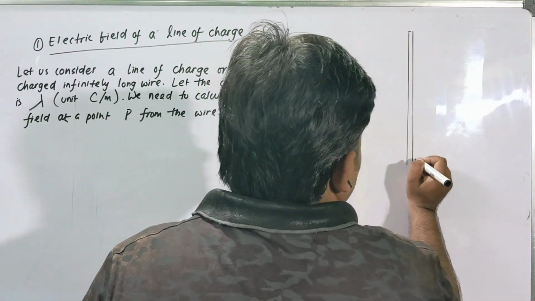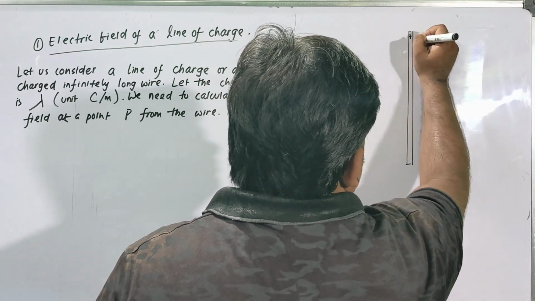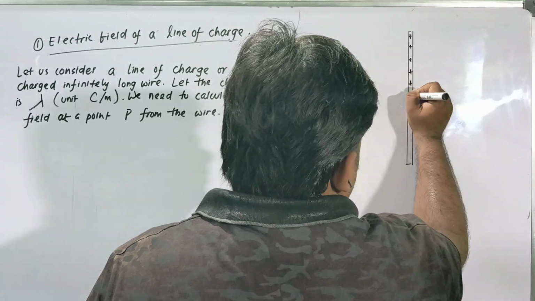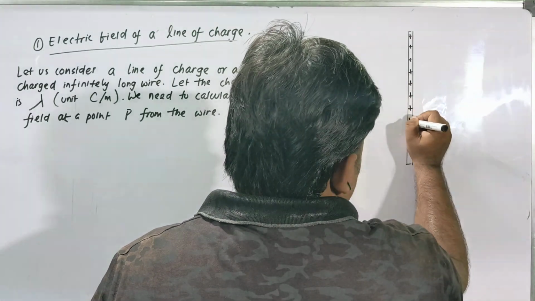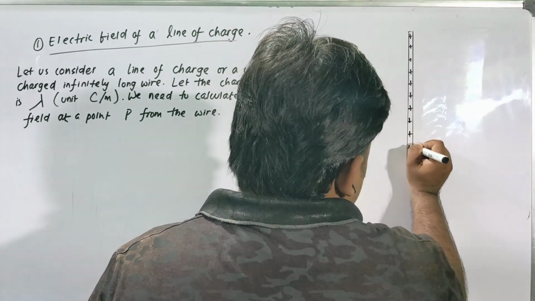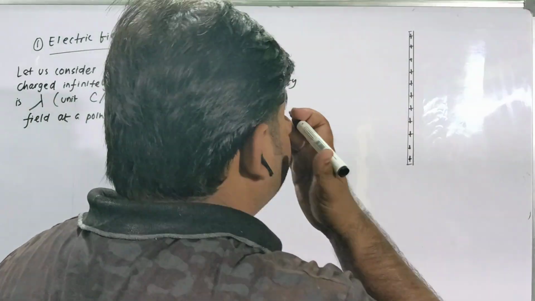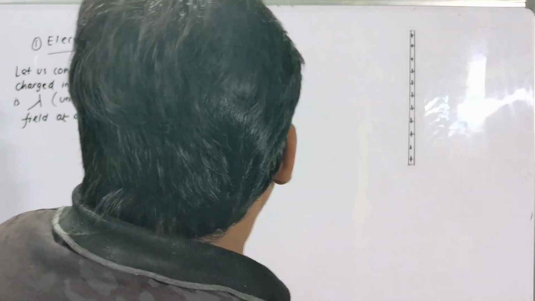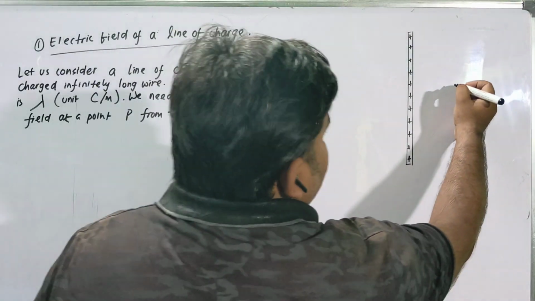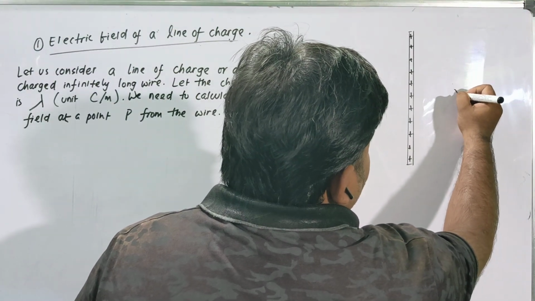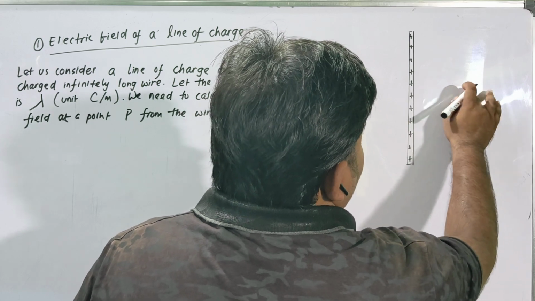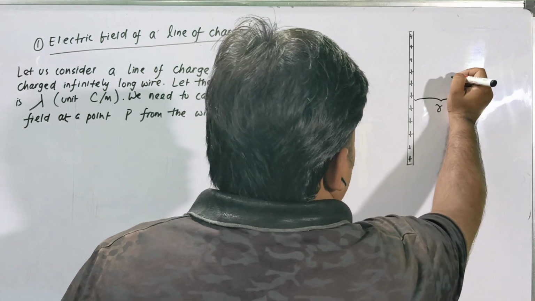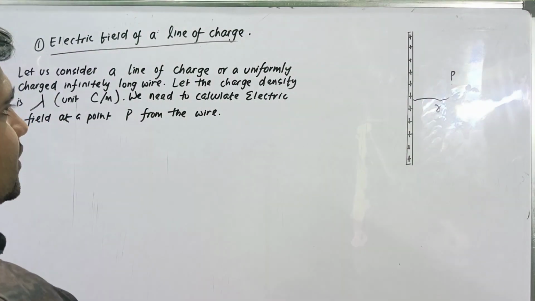It should be positively charged. It is plus, plus, plus. You can make a thicker line. So it is positively charged and the density is lambda. So we need to calculate the field at a point P. The distance of that point is R. That point is P. Okay.